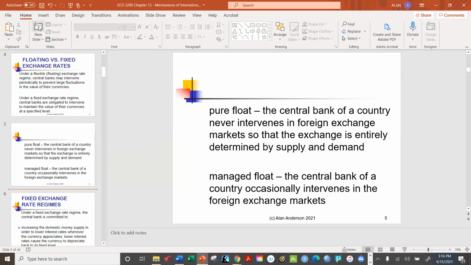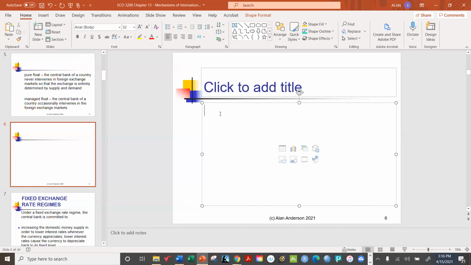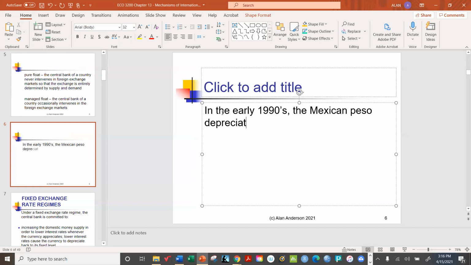just as a quick example here, in the early 90s, the Mexican peso basically depreciated very, very quickly due to falling oil prices.